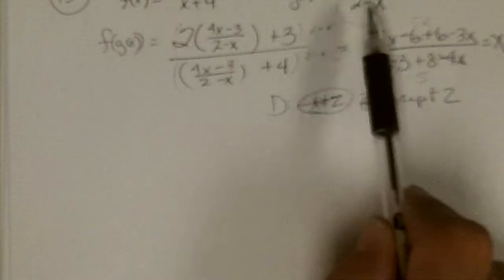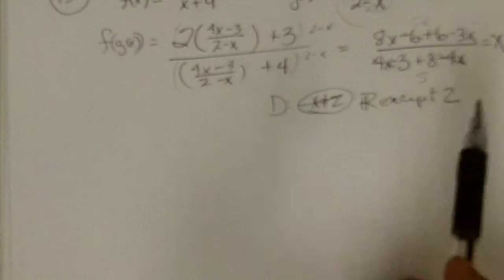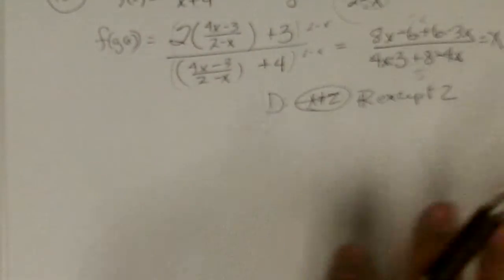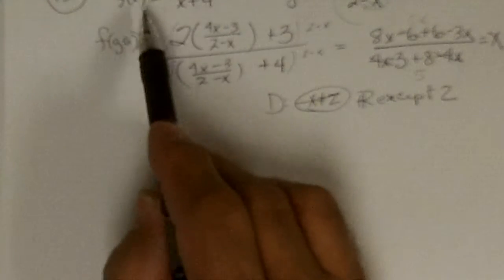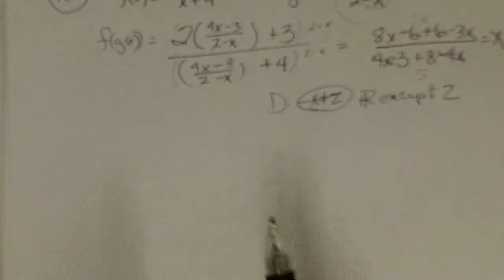I would never get a 2 out, and that's okay because this one can't take a 2, so going the other way, plugging this in for the x's, do similar simplification, and you'll come up with the solution. No, I said that wrong. I've got to put f, this one, in for the x's here, and I'll multiply numerator and denominator by x plus 4. I'll leave that one for you to finish up.